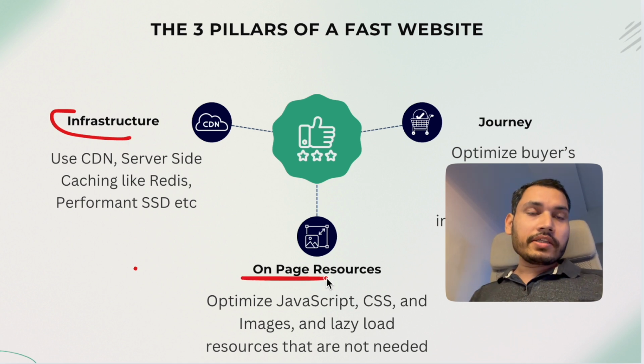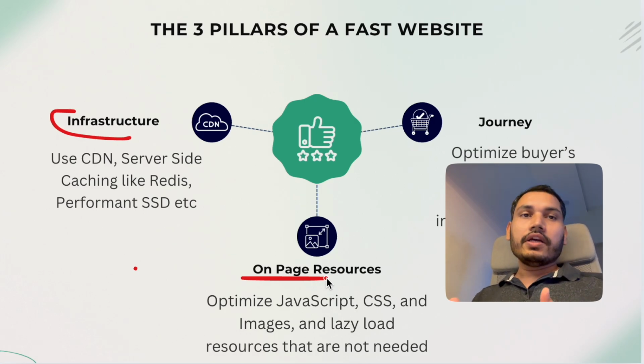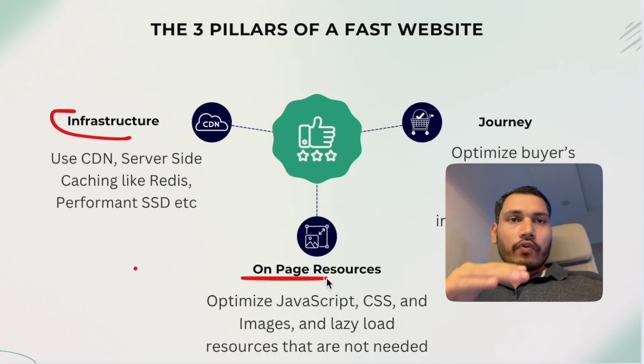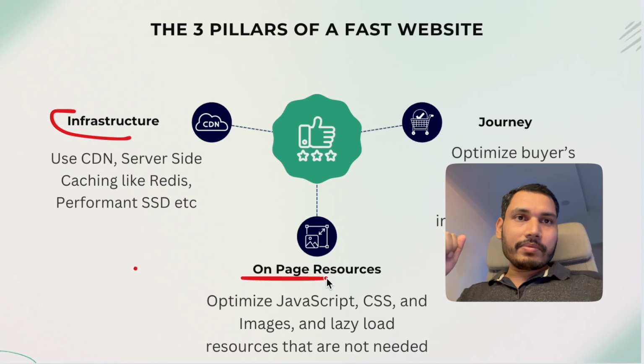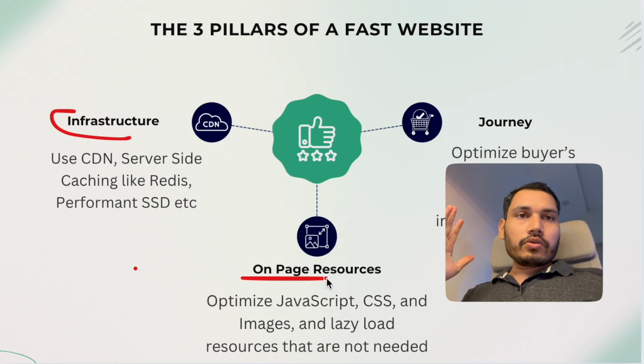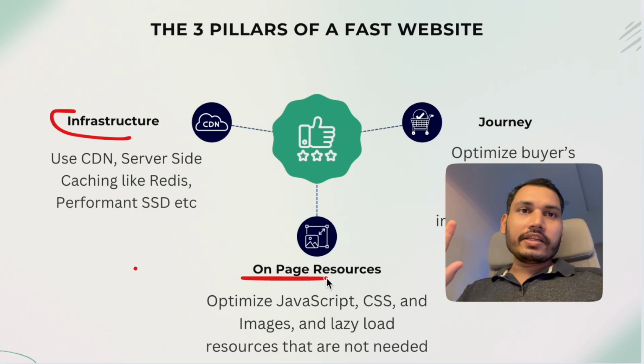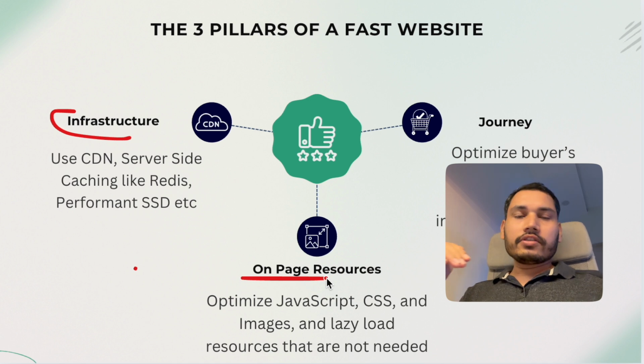So on-page optimization involves all of these, where you choose the right format for the image, then lazy load all of them, so you make sure that things which are not needed or things which are below the fold are not eating up the bandwidth and causing the performance delay. So all these things which are needed below the fold, especially images and non-critical CSS, can be downloaded later. So this is on-page optimization. I hope you are already taking care of it for your store.